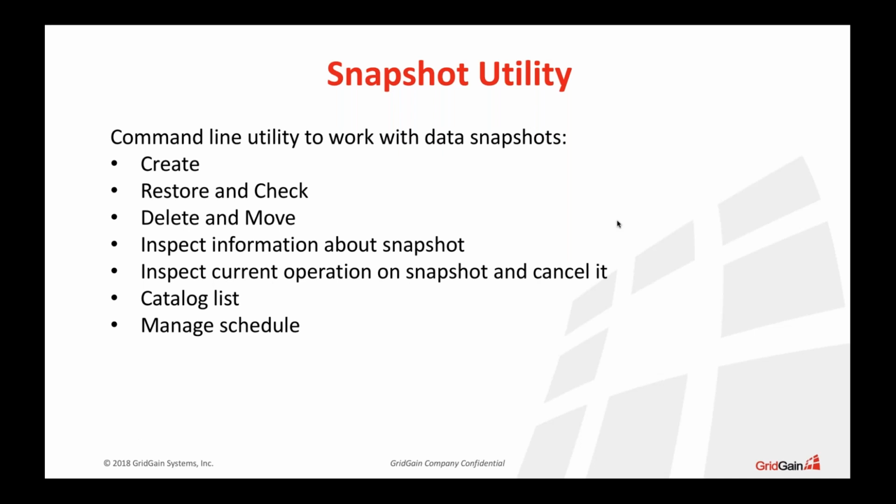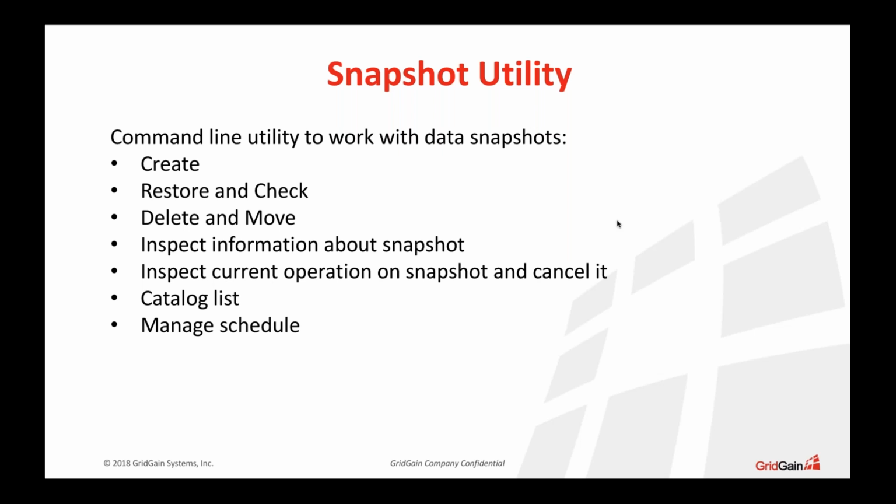Perfect. All right, the snapshot utility, one of the important tools within an installation of the grid. You can do many different tasks and automate those tasks using this utility within scripts. One of the major options is to create incremental or full snapshots.